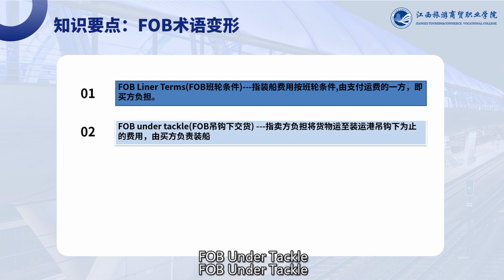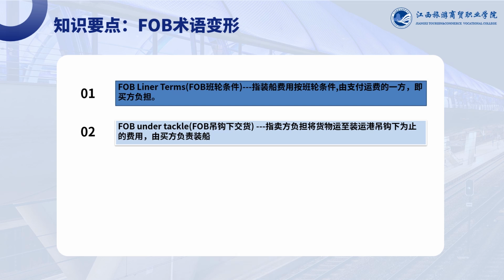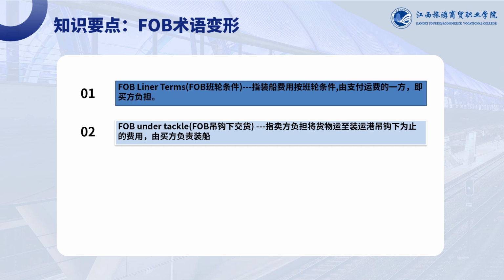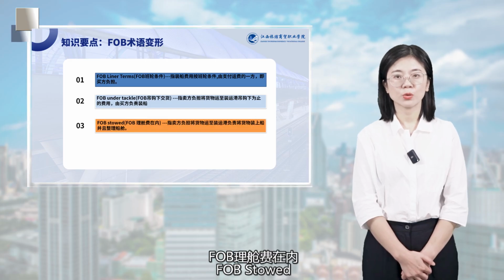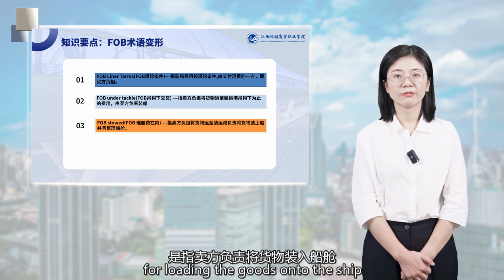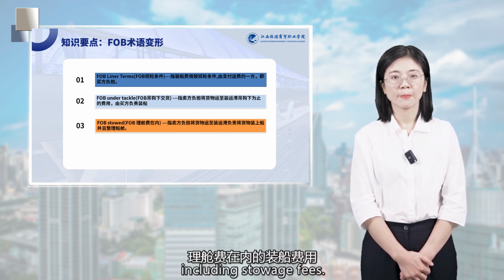FOB under tackle means that the seller bears the cost of delivering the goods to the buyer's designated ship's tackle point. However, the expenses related to hoisting the goods into the hold, as well as other associated expenses, are borne by the buyer. FOB stowed means the seller is responsible for loading the goods onto the ship and covering the loading charges, including stowage fees.